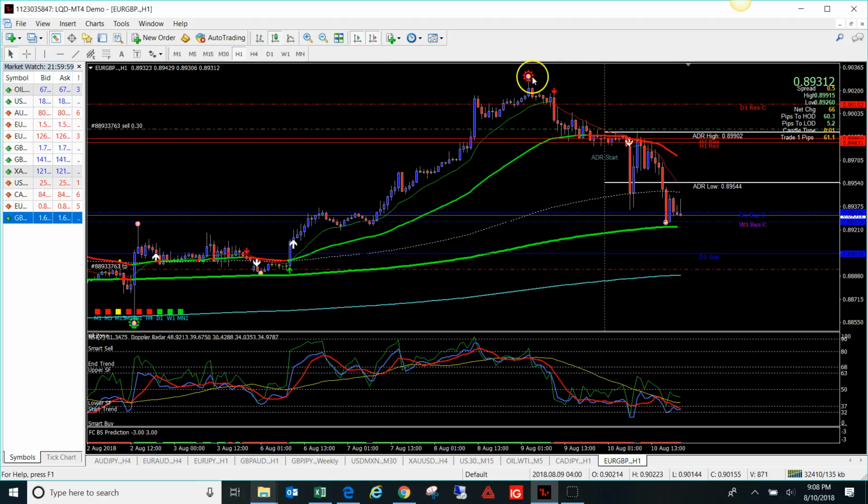Now I will say this: the reversal signal does not have to always be present for you to get a good setup. And I will give you an example. Like this is a good buy signal.